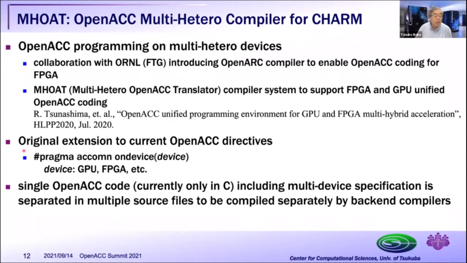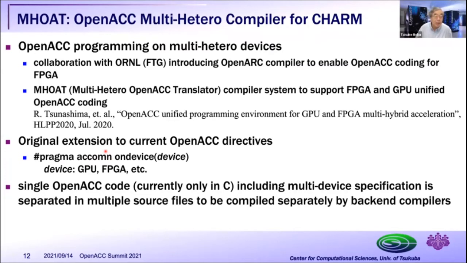And here we introduced our own programming model named ACC OMN. So it is not plain ACC, but an extension with OMN. OMN stands for the Omni compiler, an OpenMP compiler developed in collaboration between RIKEN and the University of Tsukuba.